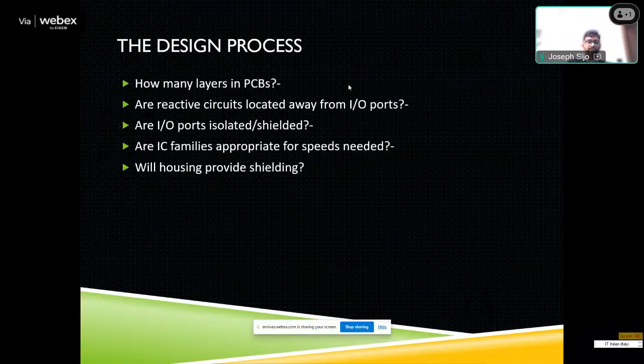We also check whether the input and output ports are isolated or shielded, which kind of IC family is used, and how well it is shielded. We also need to check the coupling capacity of the PCB. While designing, we need to manage each trace in the design phase itself.